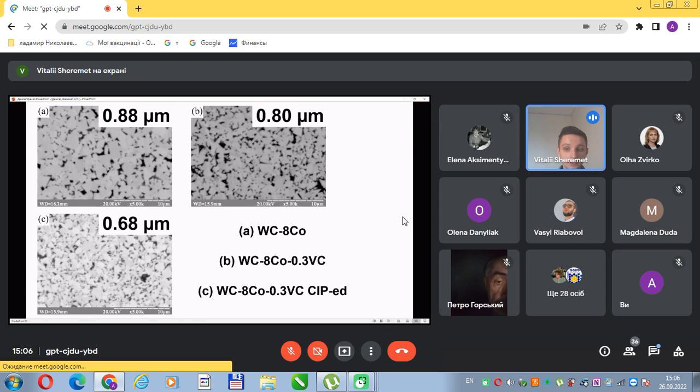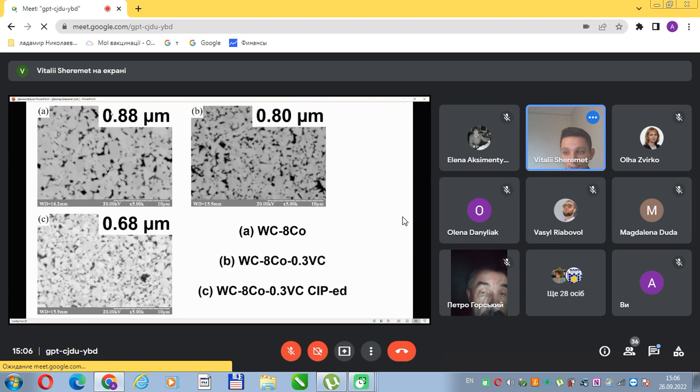The results of the structural analysis clearly indicate that the cold isostatically pressed specimen has the thinnest tungsten carbide grain structure. The average tungsten carbide grain size observed in the vanadium carbide free alloy is about 0.88 micrometer.